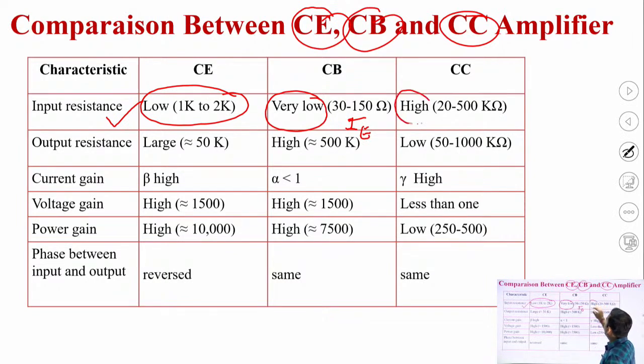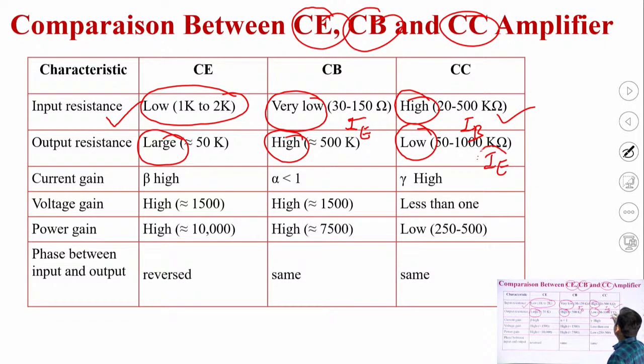For the common collector configuration, we have the input current which is IB. So if the input current is very small, we can say that the input resistance of the common collector configuration is very high. Output resistance is very small for common collector, because the output current is IE.